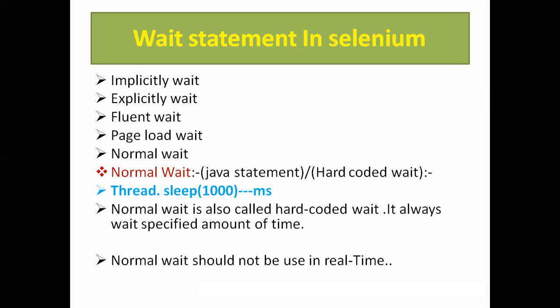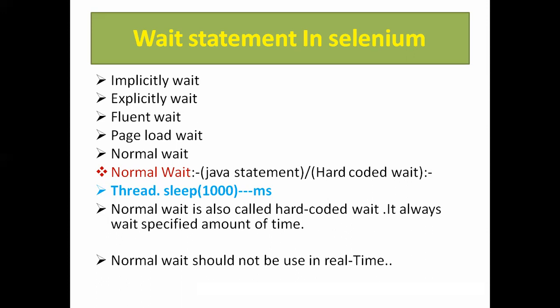Again, we have explicit wait. What the explicit wait will do is wait for a specific element. Why should I wait for the complete document if only one element is taking more time? If you use implicit wait, the performance of your script will be very slow.